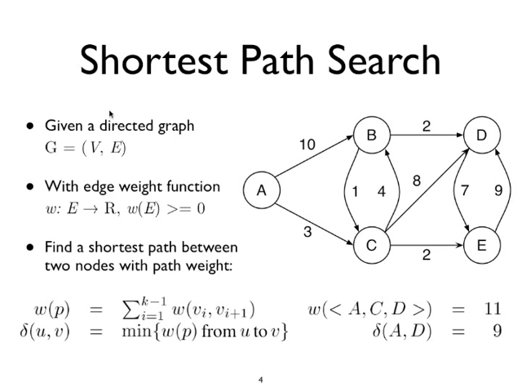Our goal is to find the shortest path between two nodes, with a path weight defined by the weight function w(p), which is the sum of all of the edge weights of the edges in the path. We also have a shortest path function defined as delta(u, v), which is the minimal w(p), where all of the paths are from u to v.